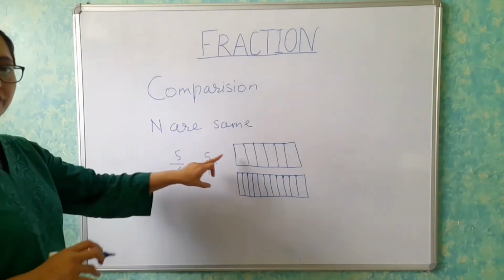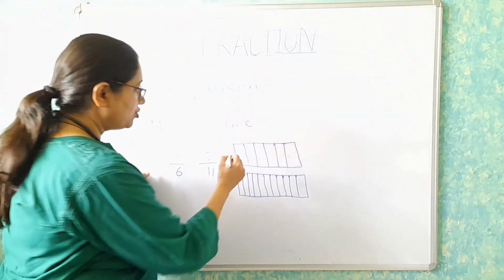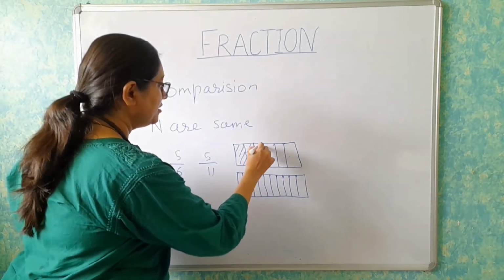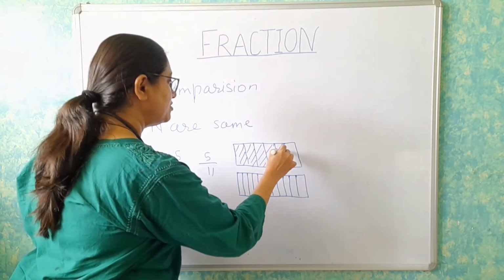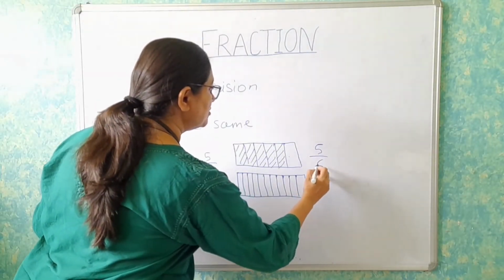See, in first case I am taking 5 parts out of 6. So I can show it like that. 4 and this one is 5. This is 5 upon 6.